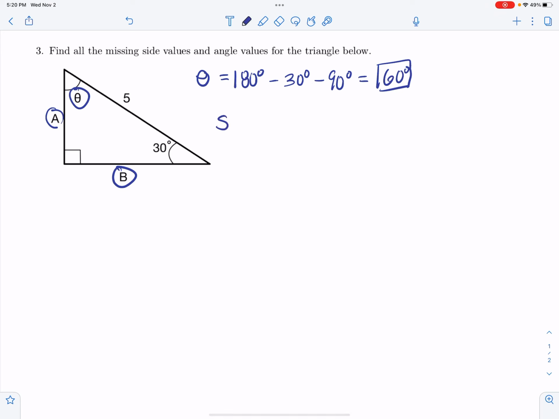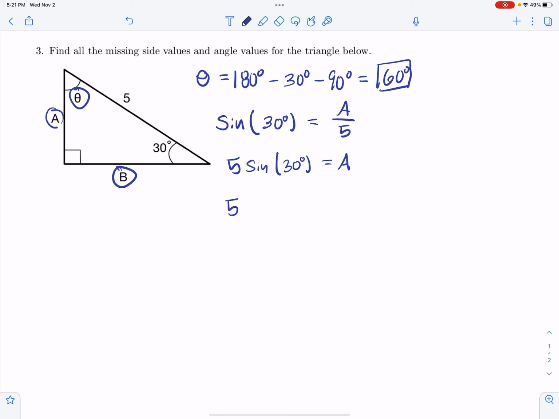So we know that sine of 30 degrees is going to be opposite, which is A, over our hypotenuse, which is 5. And now we can solve for A by multiplying by 5 on both sides. So we get 5 sine of 30 degrees equals A. Then we can turn the 30 degrees into radians.